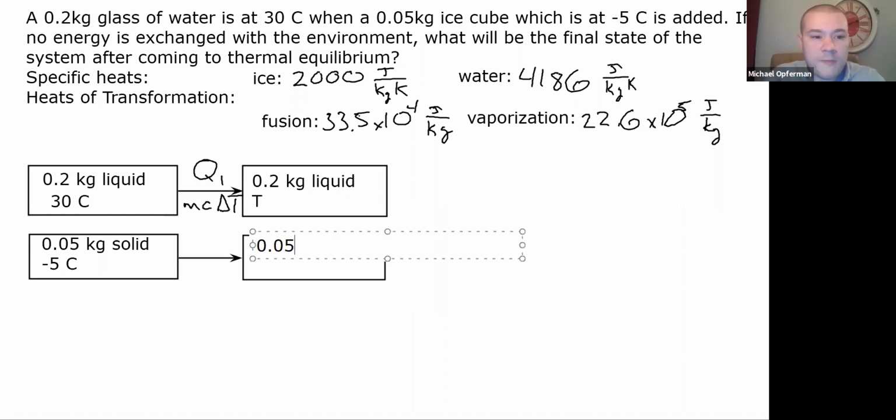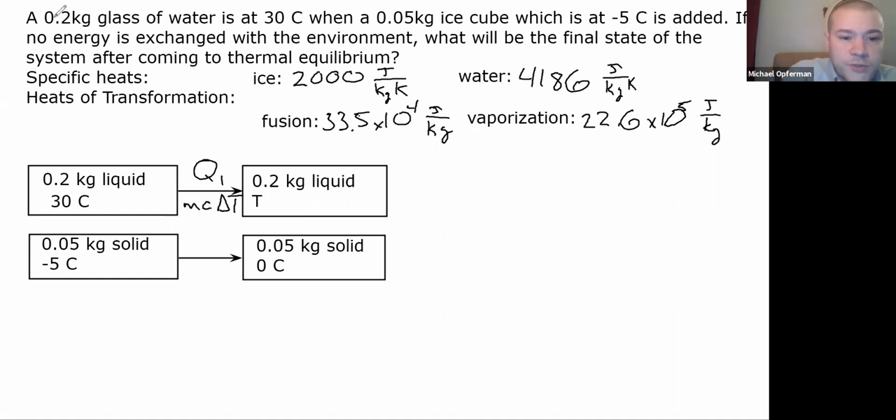So in this step, it's going to remain as solid ice, but it's going to warm up to 0 degrees Celsius. And that is a temperature change, but not a phase change. So we'll call that Q2. And that's going to be an MC delta T type of heat.